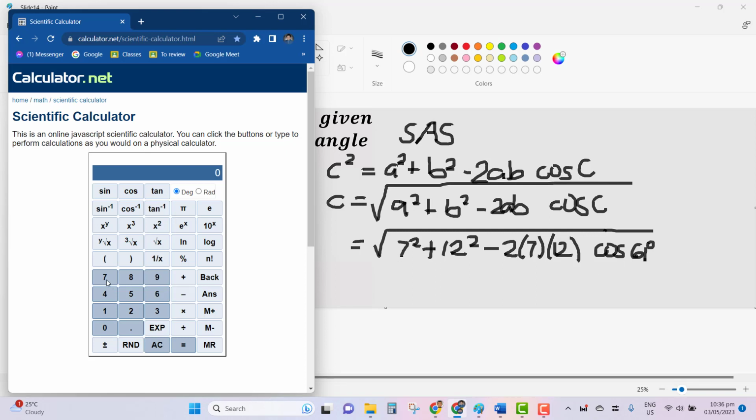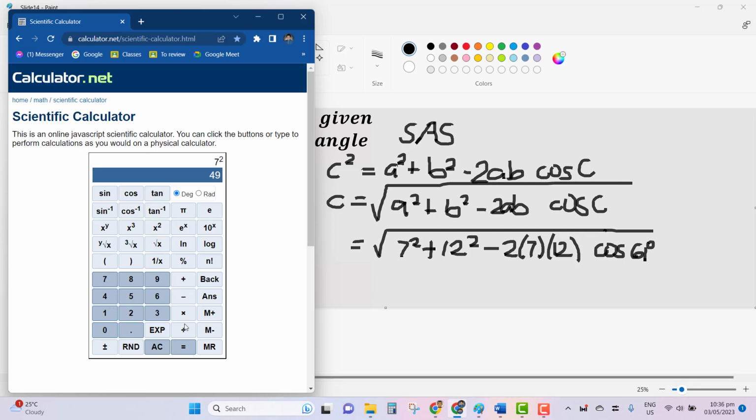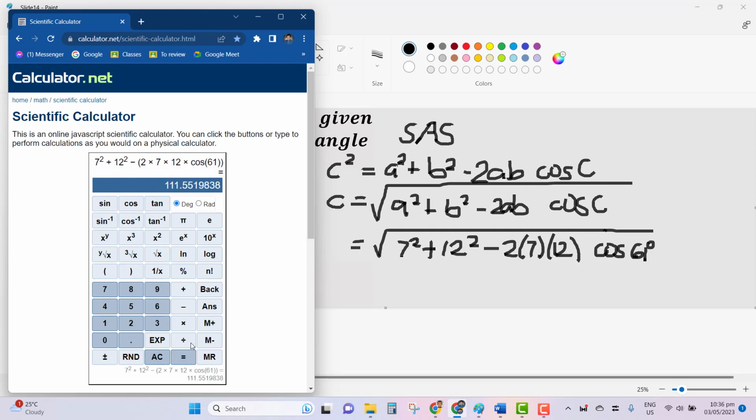I'm going to do it like this: 7 squared plus 12 squared less 2, or let's put parentheses, 2 times 7 times 12 times cosine of 61 degrees. Push equal sign, you will get a result of 111.55, and so on.